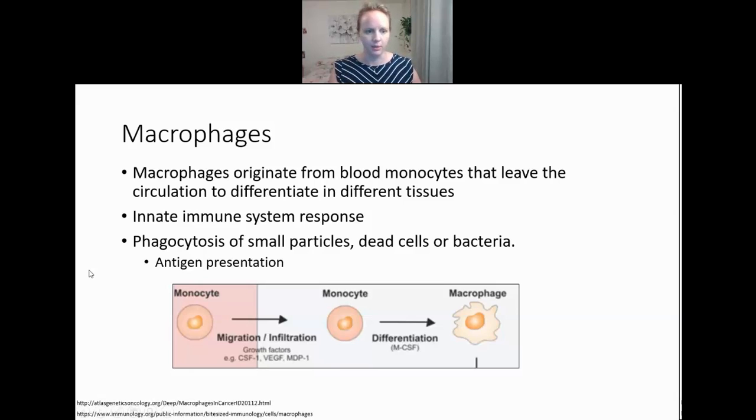In this small diagram, you can see that migration in response to different growth factors causes the monocyte to migrate to the site where it's needed, and then it differentiates in response to other growth factors to become a macrophage.